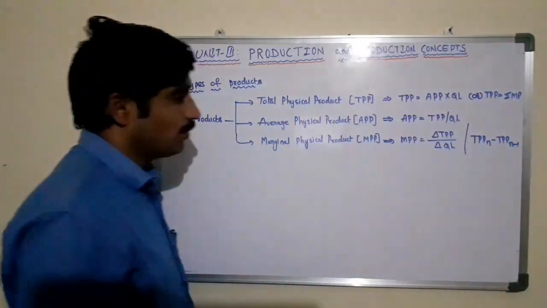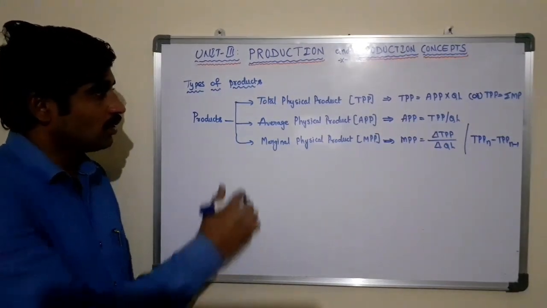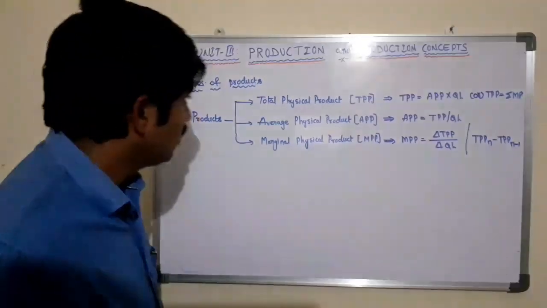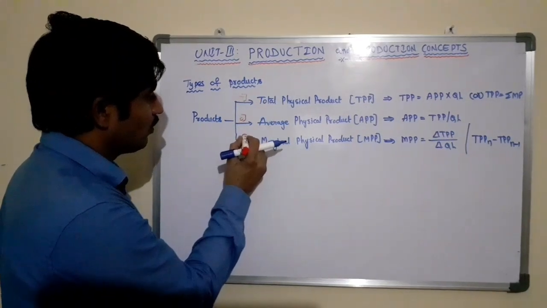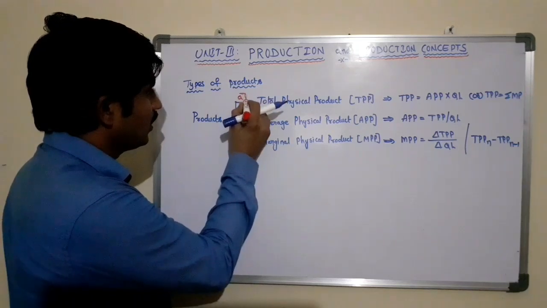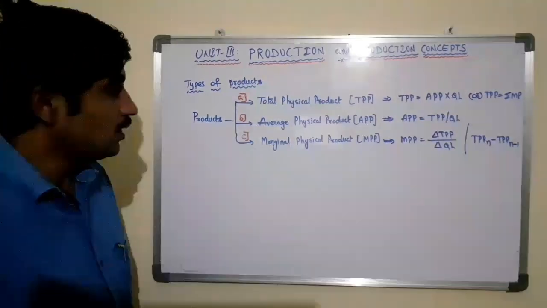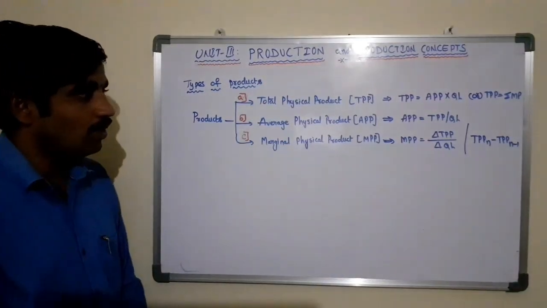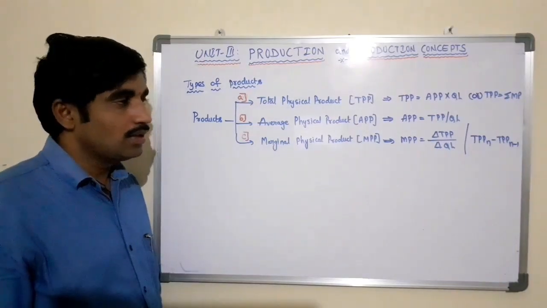So this is the formula or equation we use to determine the total physical product, the average physical product and the marginal physical product. They are the three types of products. Now let us see one by one what is total physical product and how it can be shown on a graph with a schedule.